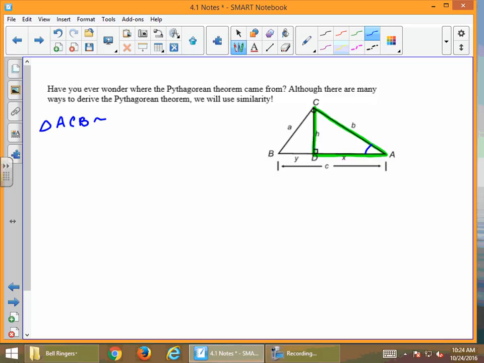Okay? Well, let's say triangle ACB is similar to triangle AB. I know the triangles are similar. Well, if triangles are similar, then we know their sides are what?